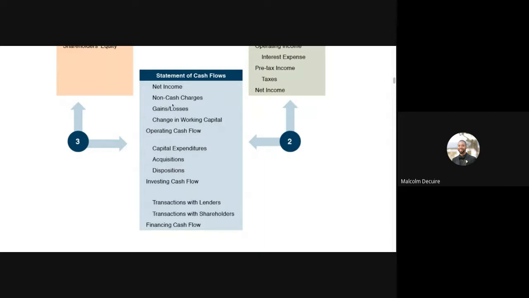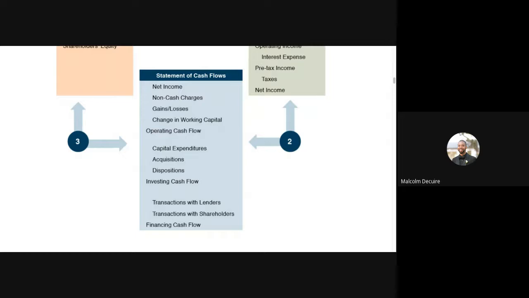As we generate income, we're going to have some changes in our working capital. Changes in working capital are just fancy for: as an entrepreneur, you're not doing things in a vacuum, you're interacting with other people. You have vendors, you have employees, you have all these day-to-day activities that take capital to complete.